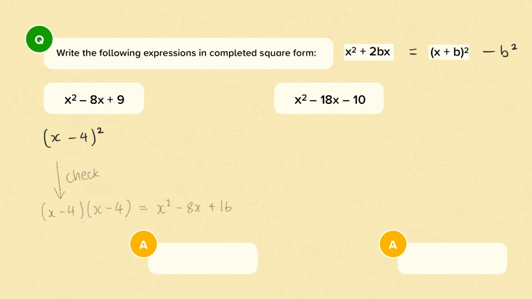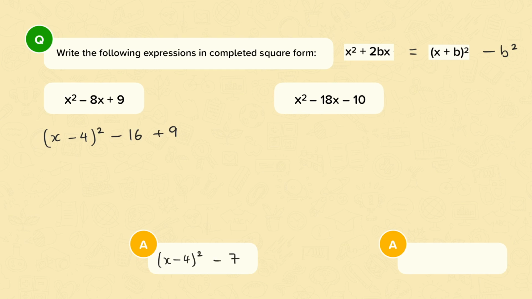So even though this number inside the bracket is negative, you still end up with a positive number here, because squaring any number, whether it's positive or negative, gives you a positive result. So we still need to subtract the 16 at the end. So I've got x minus 4 in a bracket, all squared, minus 16, and then plus 9. So my final answer is x minus 4 in a bracket, squared, minus 7.